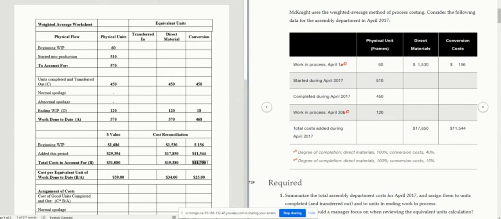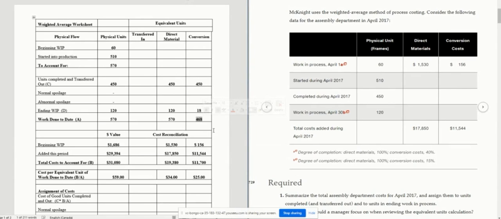But in terms of the conversion costs, they only represent 468 equivalent fully completed units. And so that's why we really have to separate the two different types of inputs. And that's why it's so important that we keep track of the inputs separately, in this case, materials and conversion.